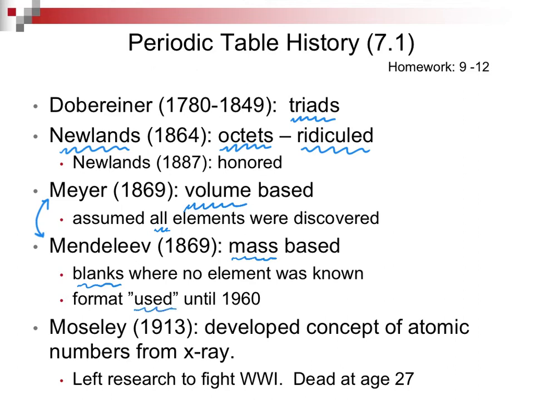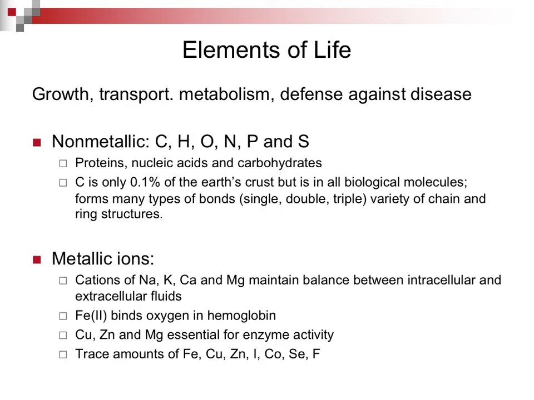It wasn't until 1913 that a scientist named Moseley developed the concept of atomic numbers using X-rays. When I taught the majors class, it was one of the activities we did because it really was the basis for the periodic table. He left research during World War I to fight, and sadly he died on the battlefield at age 27. It would have been interesting to see what else he could contribute.